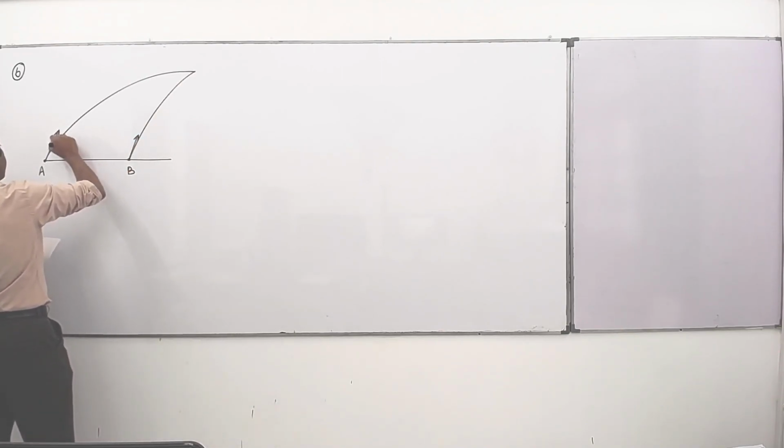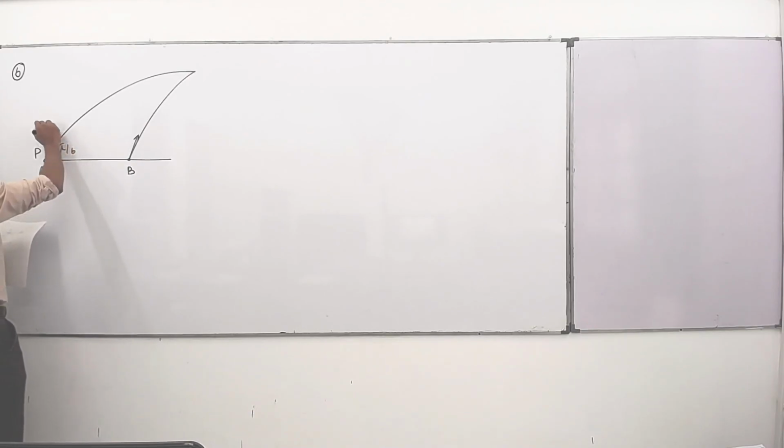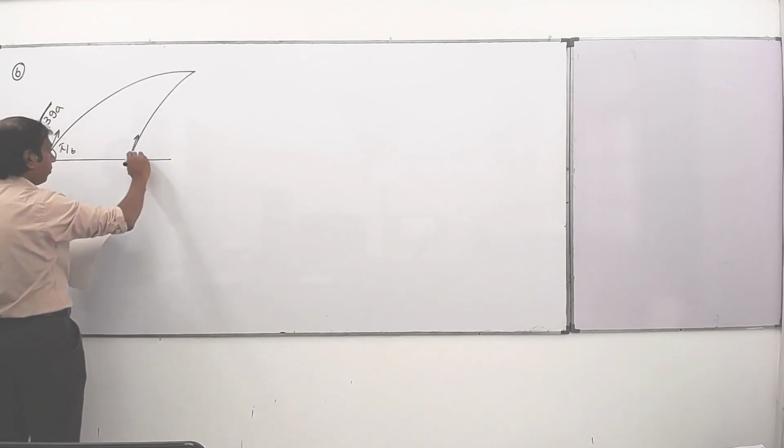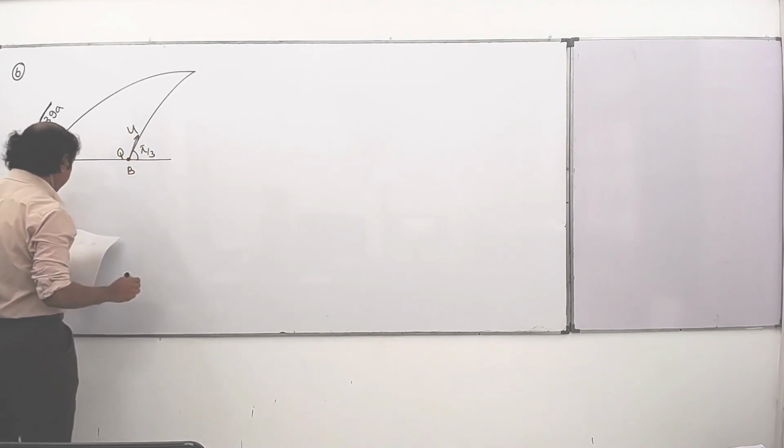Right. With the particle P, this angle is pi by 6. This is root 3 g a, the velocity. This angle is pi by 3. This is u, particle Q is here.